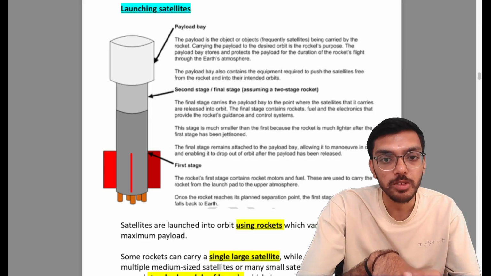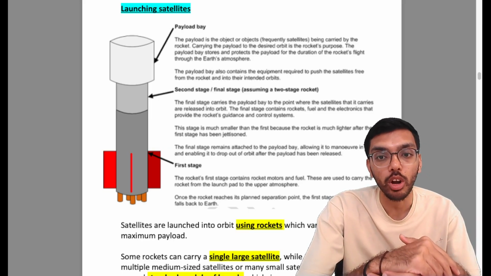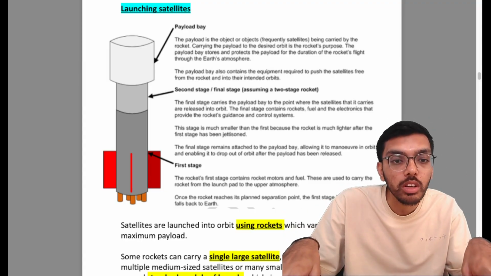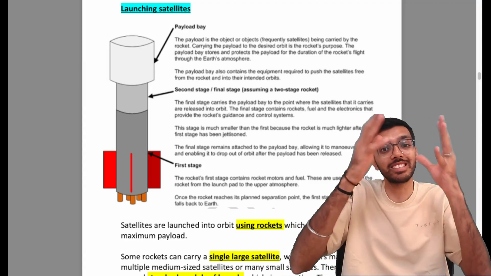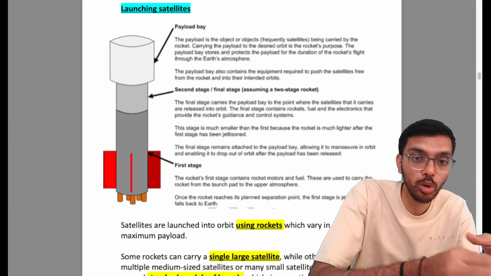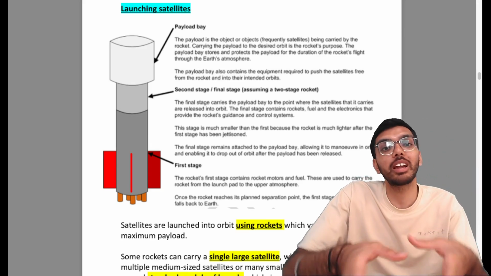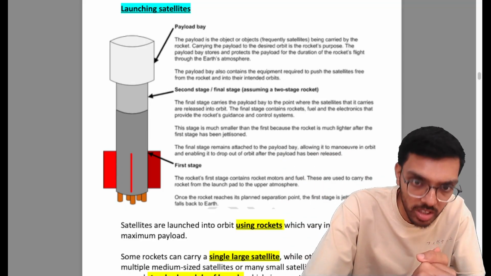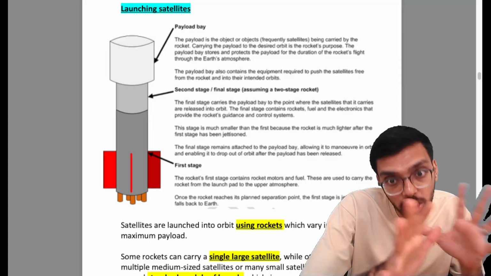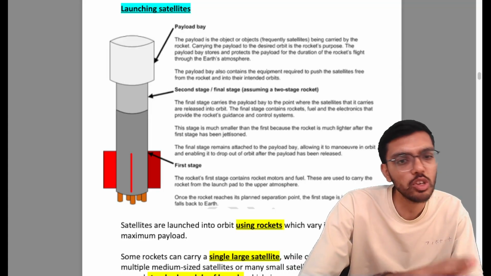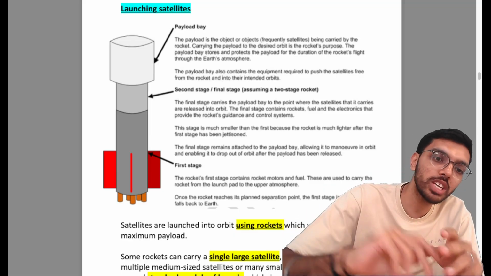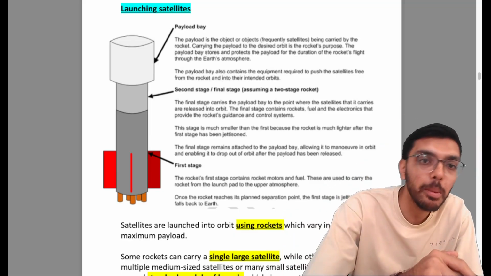This stage is much smaller than the first, because the rocket is much lighter after the first stage has already been removed. So first stage comes off, then second stage also has the fuel, also has the electronics that power the satellite further upwards, and second stage also is removed, if it's a two-stage rocket. So one-stage rocket, there will only be one stage and then the payload directly. It's two stages, the first stage, second stage, and then the payload.